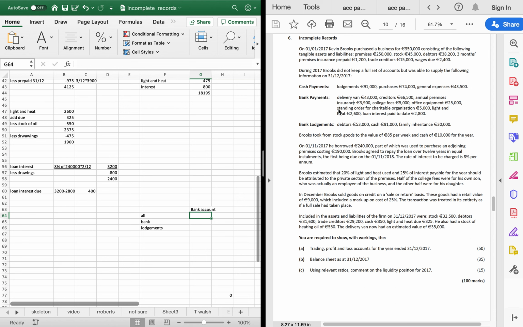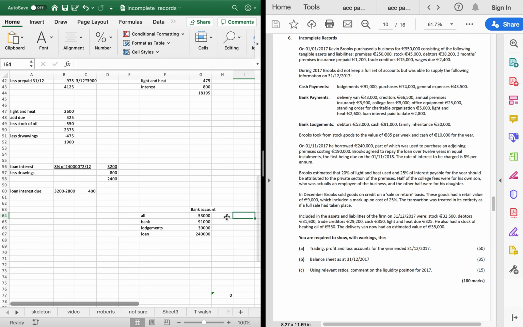So my three bank lodgements, 53,000, 91,000, and the inheritance 30,000 will go on the left. The loan will also go on the left. That is 240.